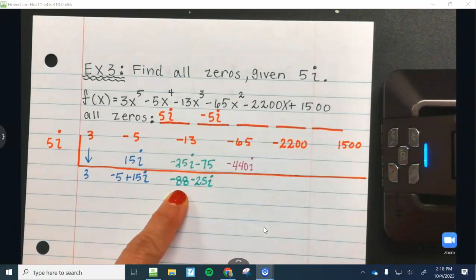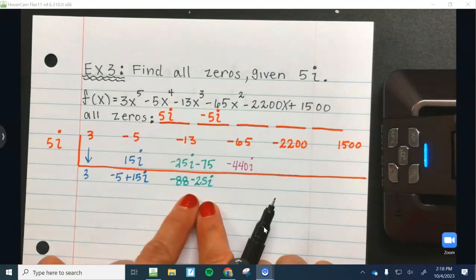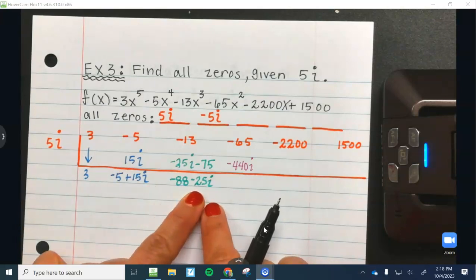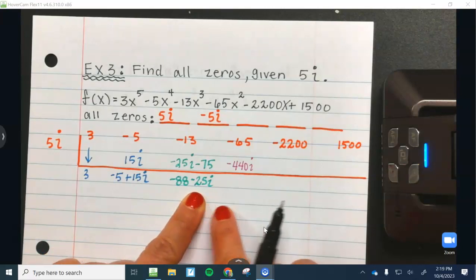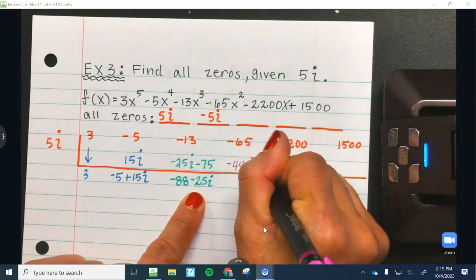Y'all, 5 times 88 is 440. All right. 5i times negative 25i is negative 125i squared. But what are we going to write? Ooh, I don't think y'all are paying attention. Positive what? 125. Yes, great job.